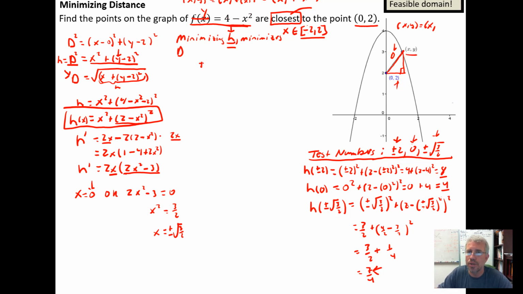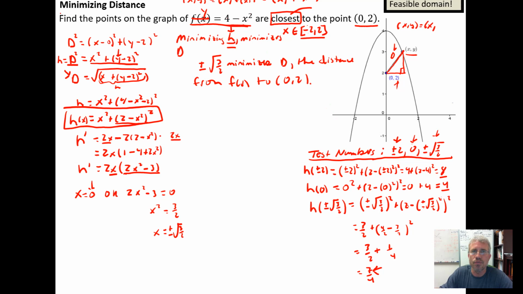So we want to note that plus or minus the square root of 3 halves minimizes d, the distance from the function to the point 0, 2.